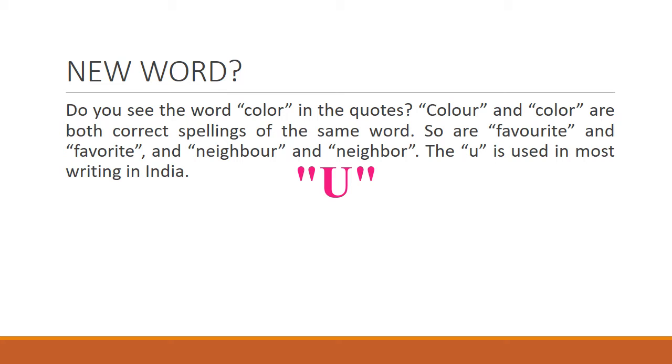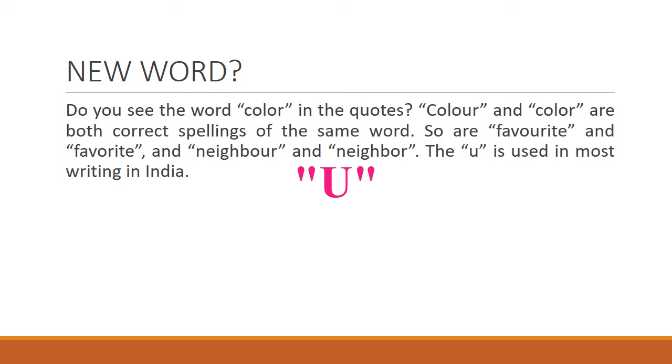Now students, even without this, we have gone through this last year. When we are typing on the laptop or the PC, you have seen that when a word is underlined, it means this is a spelling mistake.